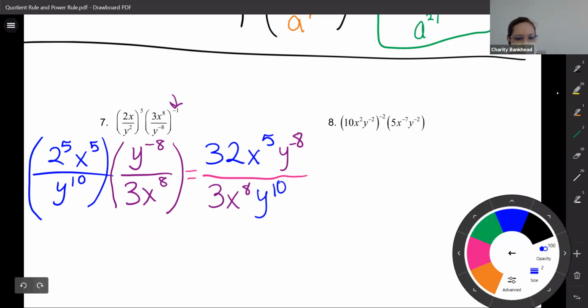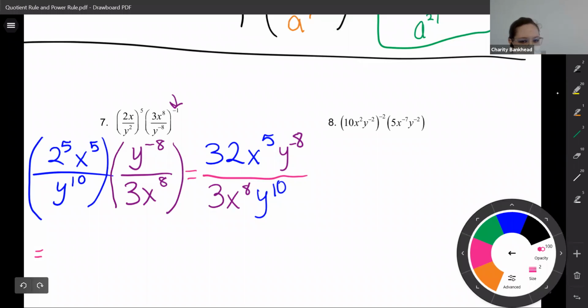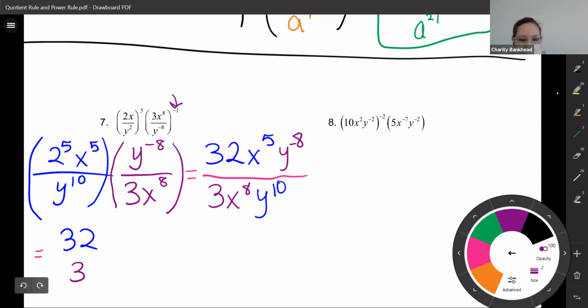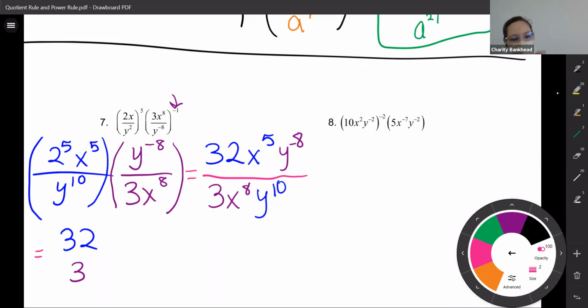So the 32 and the 3 can't be reduced, so that's just going to stay the same. For the x's, I've got the larger exponent on the denominator. So 8 minus 5 is 3. That's going to give me x to the 3rd on the denominator.